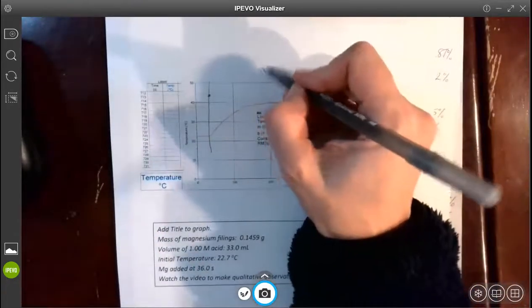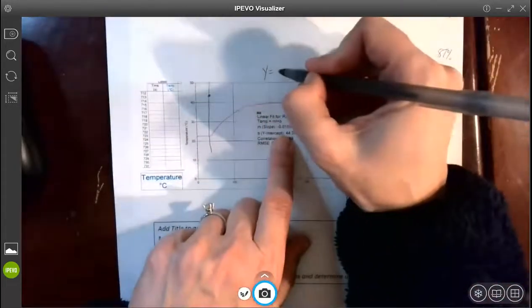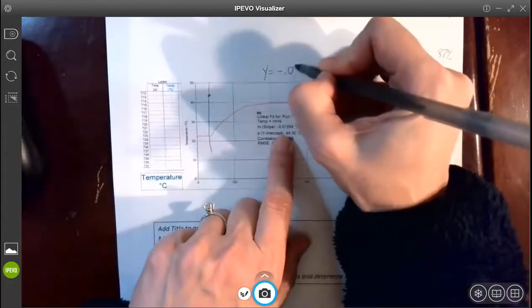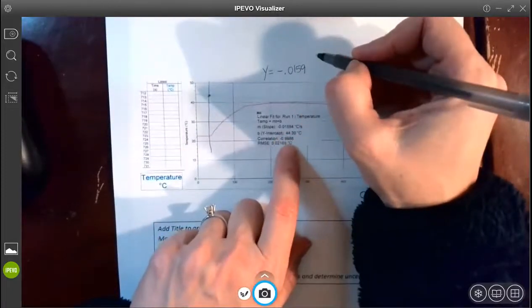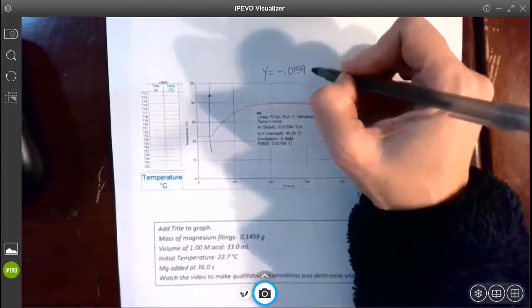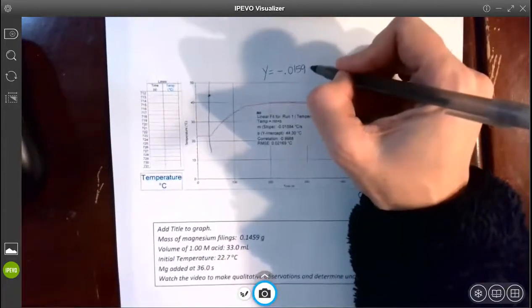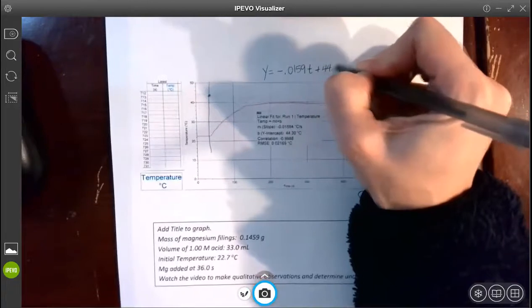In other words, y equals, for this particular graph, the slope is negative 0.0159 times t. And so t is our x value, or our time, plus our y-intercept, which is 44.30.